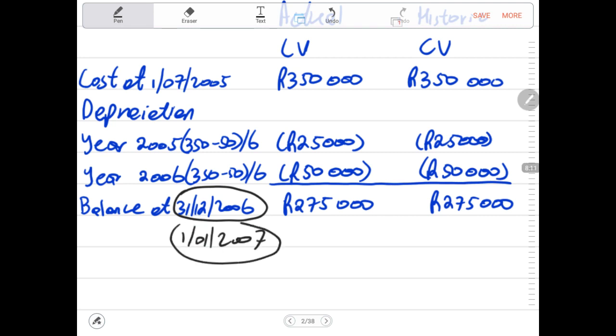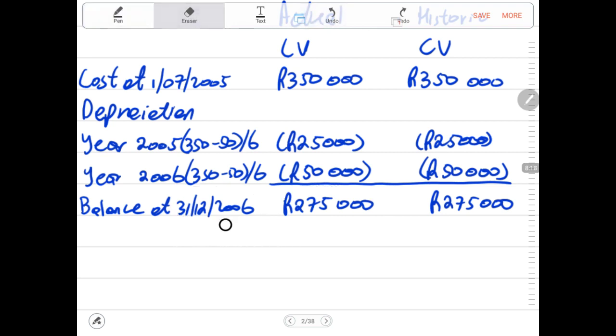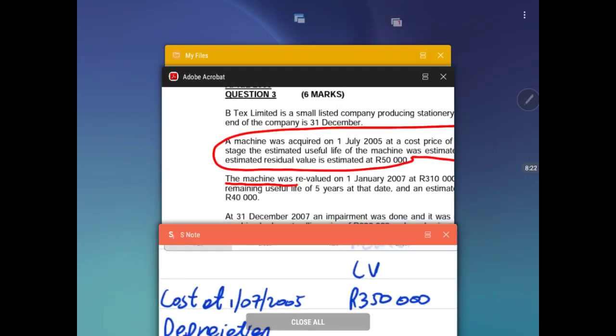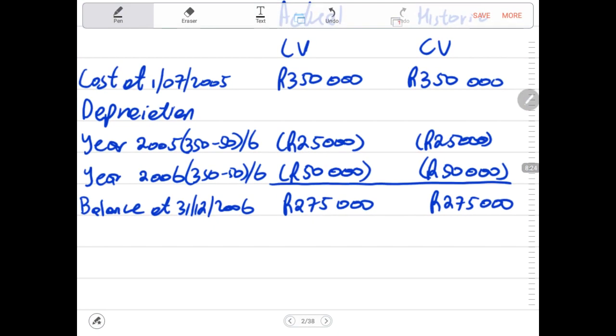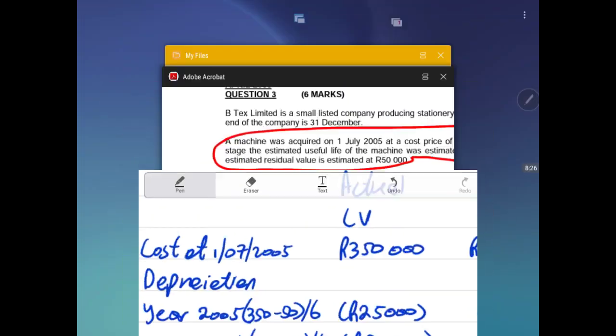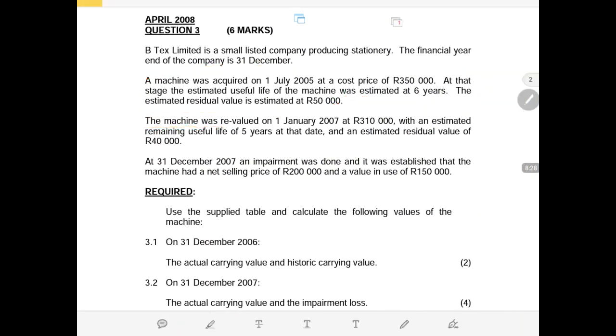So these 2 dates are the same, at the same carrying value. That is why we can compare the two and have our revaluation at that point in time. 275,000 and 275,000, just wanted to verify something.